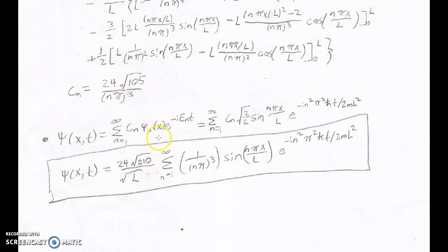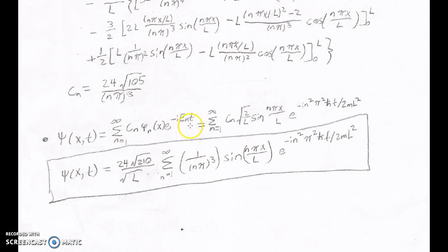We already defined that this is the square root of 2 over L sine n pi x over L. And the energy E_n is n squared pi squared h bar squared over 2mL squared.